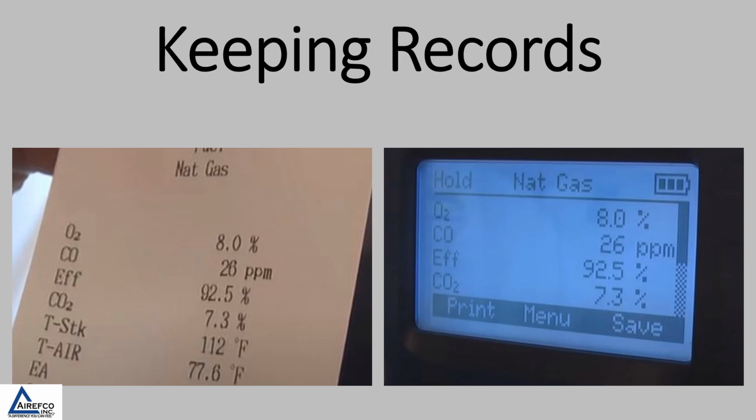If anything were to happen after you leave a job site, your company and you personally would be held liable for anything that happens with that furnace and the household where that furnace is operating in. So make sure that you keep records and you do diligent work on the furnace to make sure that when you leave it, it is working at its highest efficiency possible, and you have done everything to ensure that that furnace is safe and operating correctly.